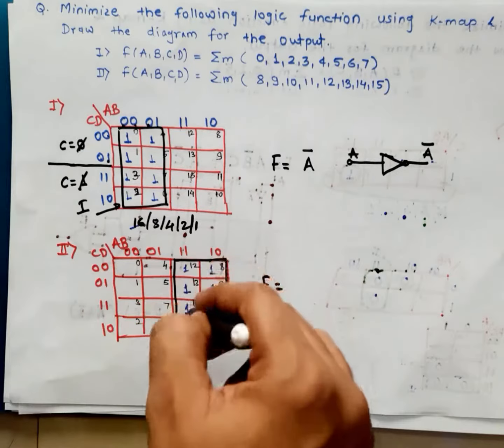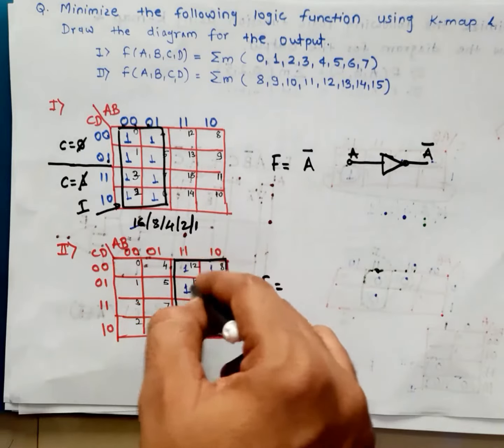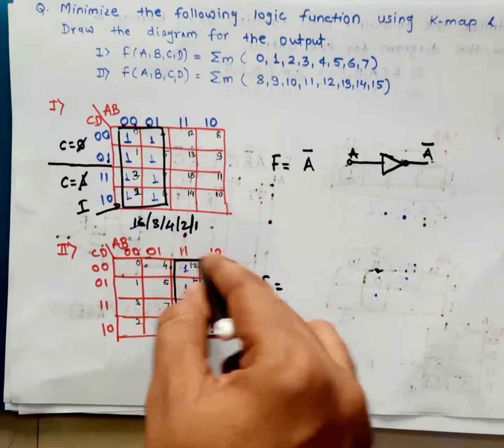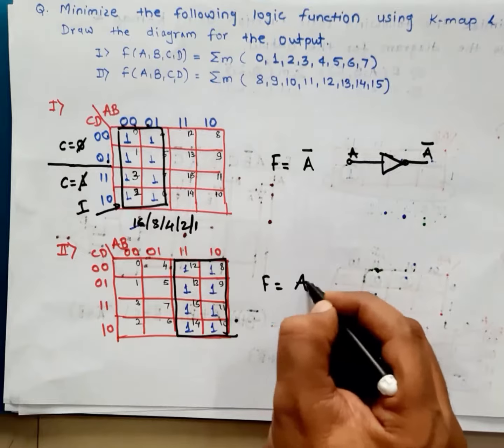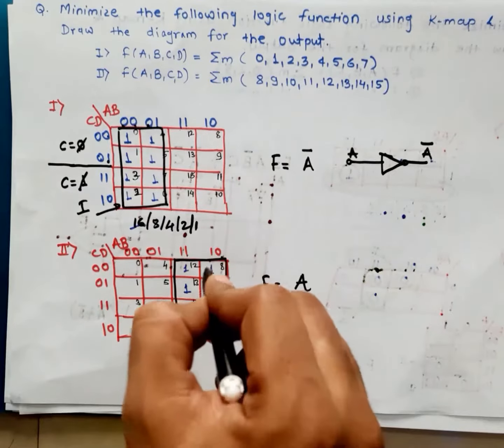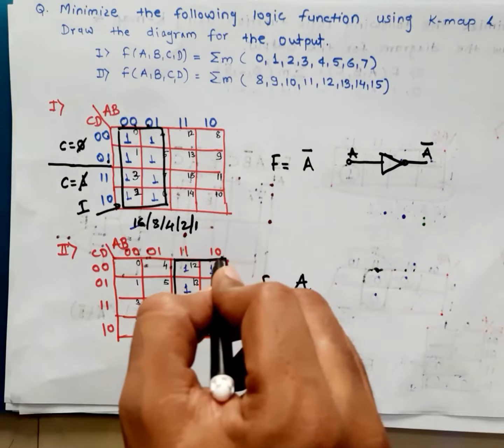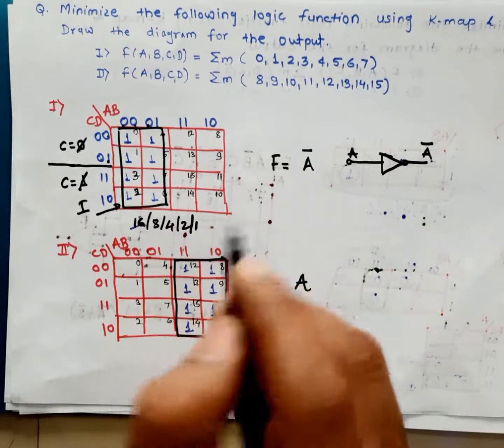Now consider the value of A and B. The value of A for these 2 columns is 1 1, so it's A, and the value of B is 1 0, which is different, so the 1 and 0 get cancelled. That's why B gets cancelled.